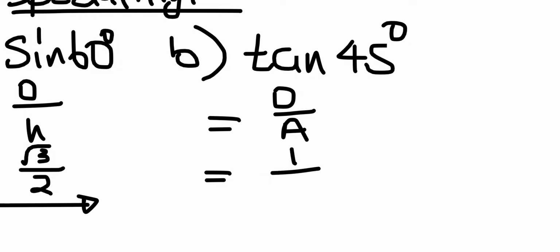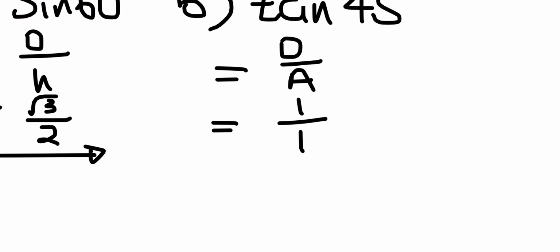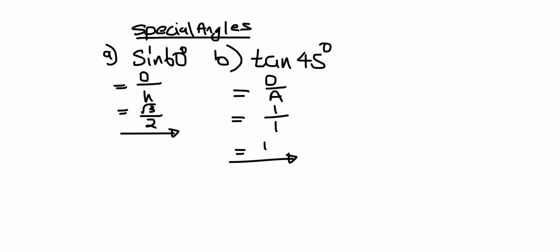What about the adjacent? It is also 1. It therefore means opposite over adjacent equals 1, because 1 over 1 equals 1. So even if we had to do one where the special angle is 60 degrees, I'm pretty sure that you will be in a position where you are able to work it out.